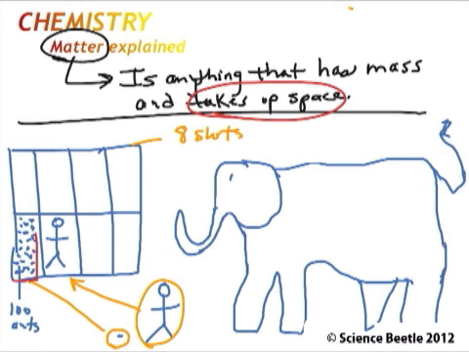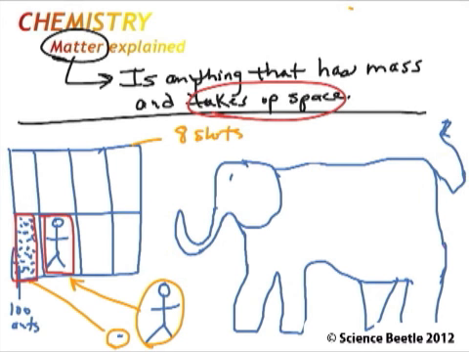Because in the first box, we were only able to fit 100. But when we compared that to the space for the human, we were only able to fit 1 human in the same space taken up by the ants. So we could fit more ants in the same amount of space than we could humans in the same amount of space.